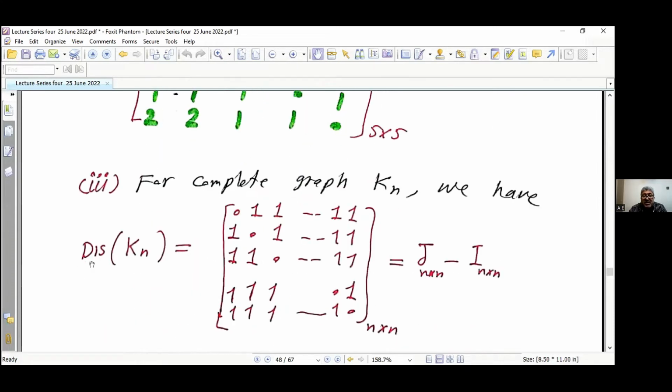For the complete graph Kn, we know that any 2 vertices are adjacent, so the distance between any 2 distinct vertices is 1. And on the diagonal is 0 because the distance from any vertex to itself is 0.